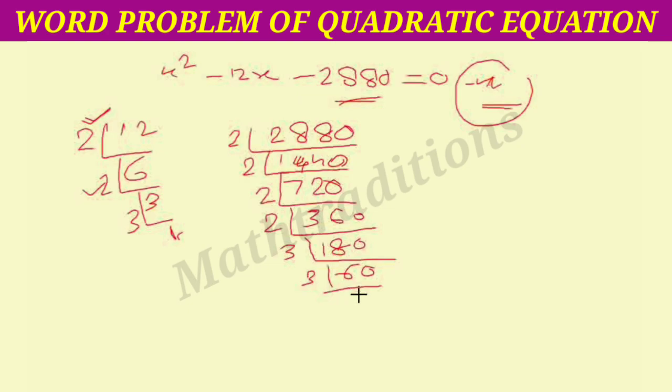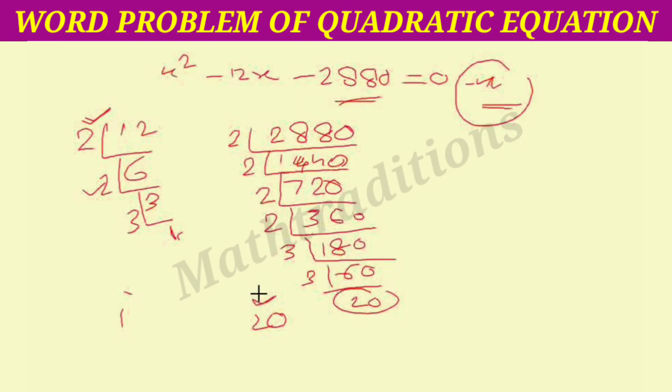Now here the remainder is 1, here the remainder is 20. Now match this one with the factors of 20.